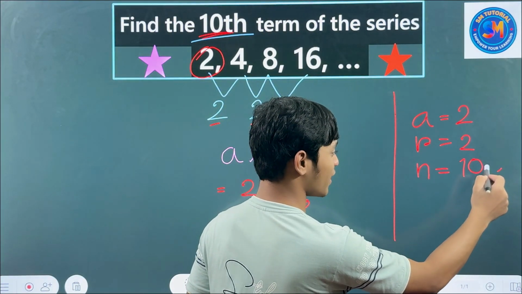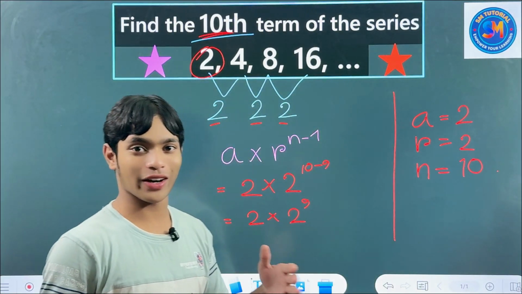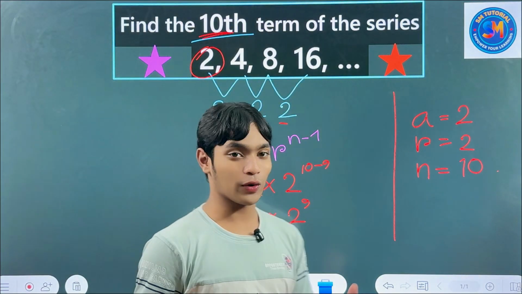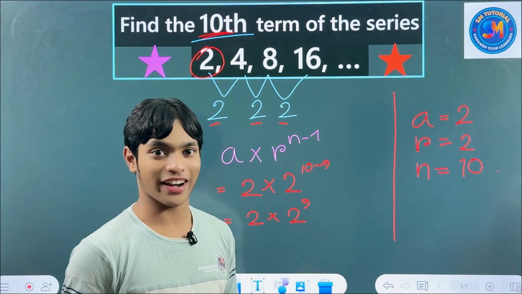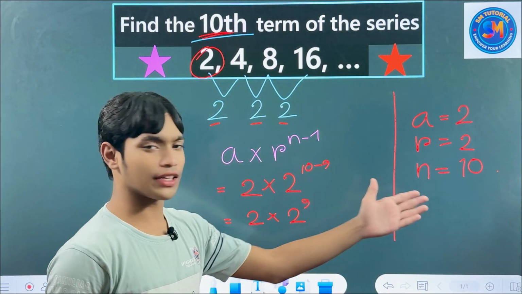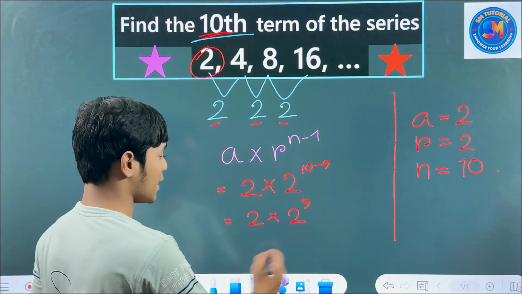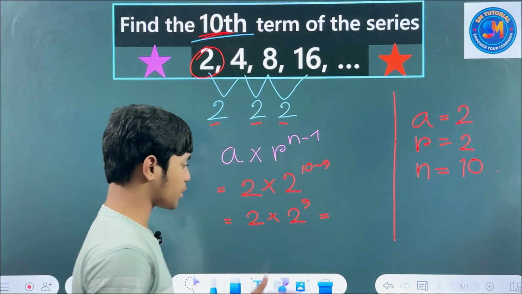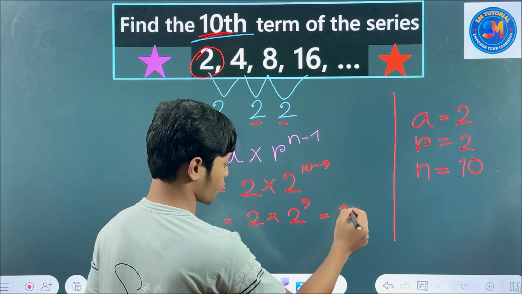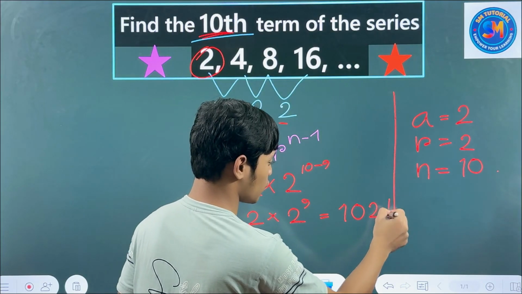Of course it's possible, but how would you write it in the exam, because you won't get any calculator there? Just ignore that and keep n equals 10. If we calculate this, we get 1024.